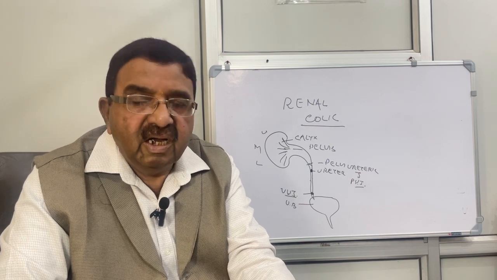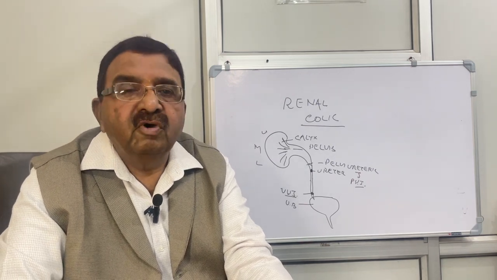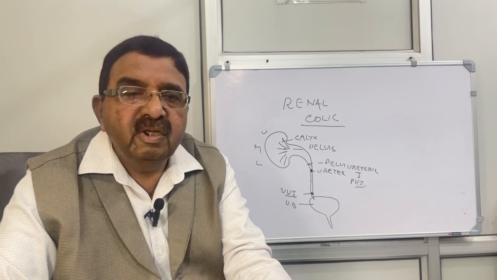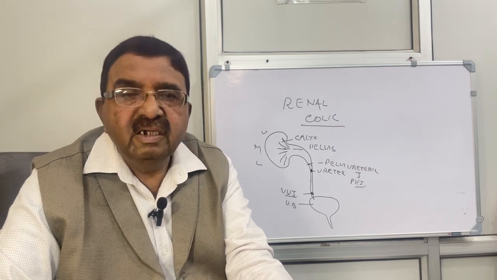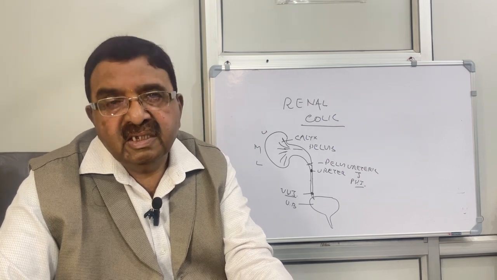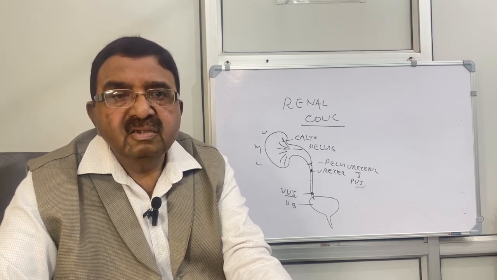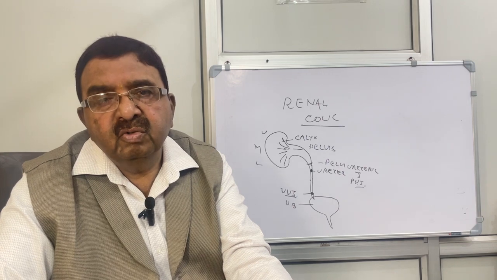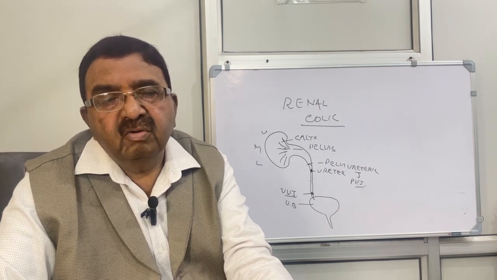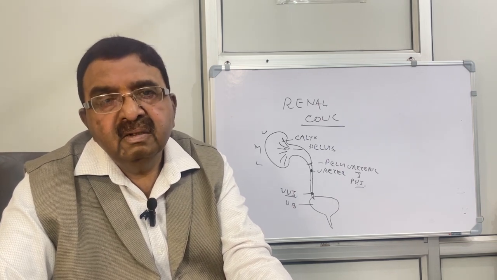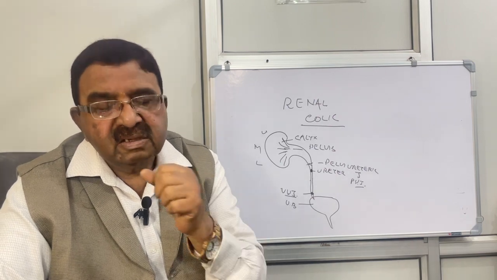Usually the pain lasts for 20 to 60 minutes or maybe up to 2 hours, and it is very severe in nature. The patient doubles up with the pain and it is quite impossible to control the pain sometimes without using narcotic analgesics.